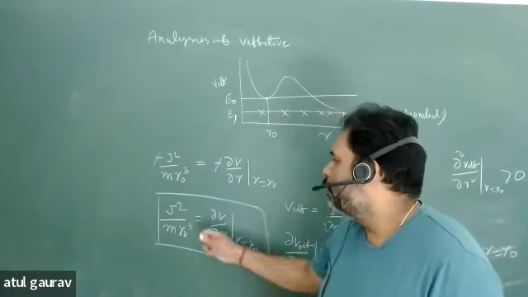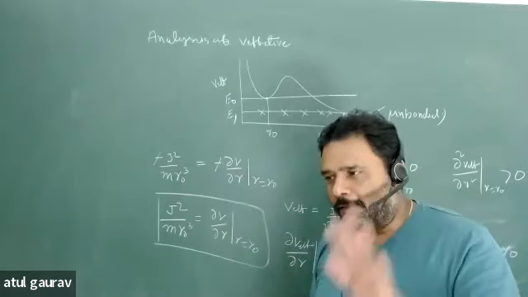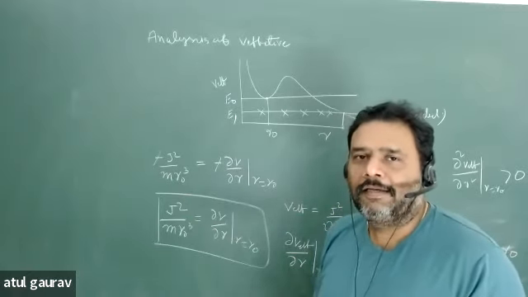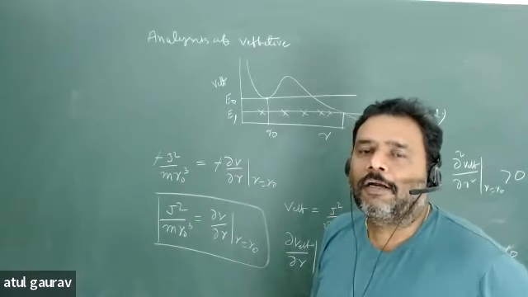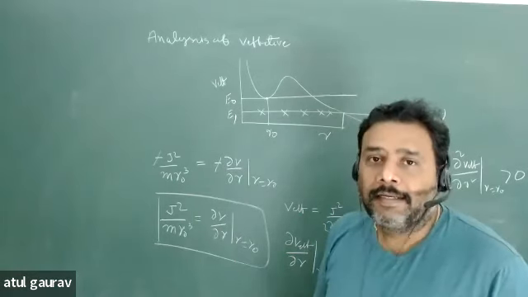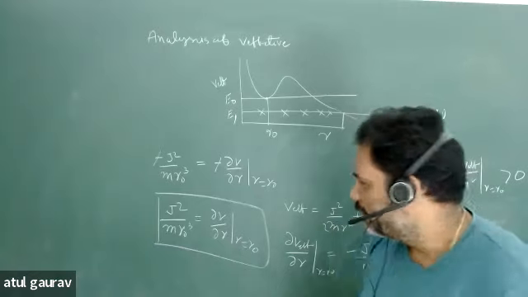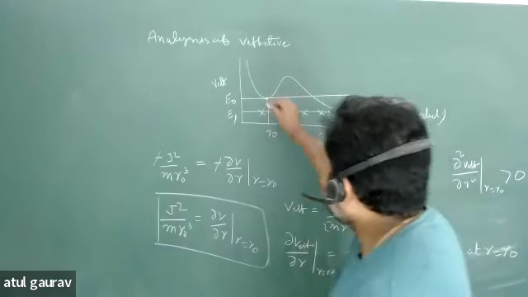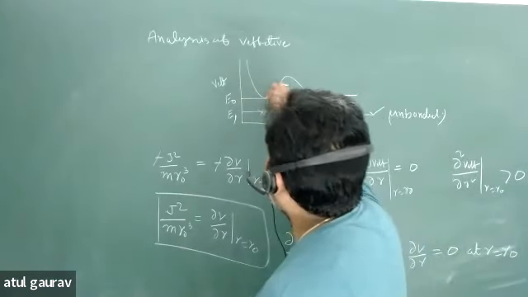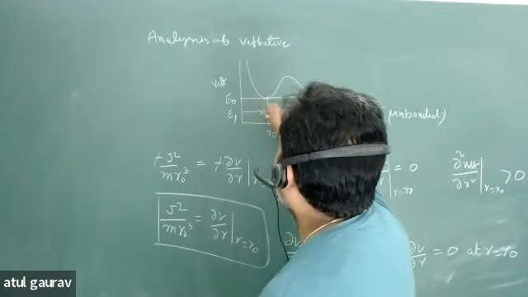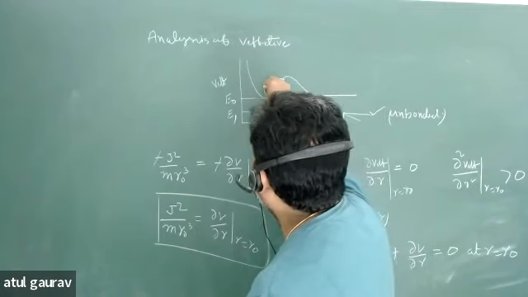And what is this R naught? This R naught is also the minima mathematically, but it is identified as the radius of a circle. For this particular energy, if your particle is confined here, then you have which kind of orbit?